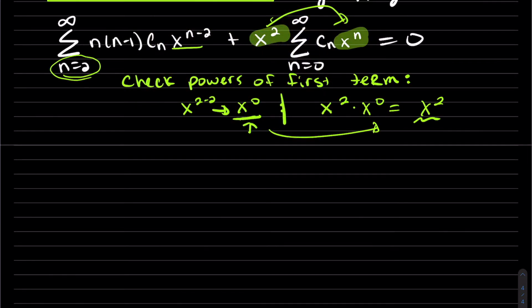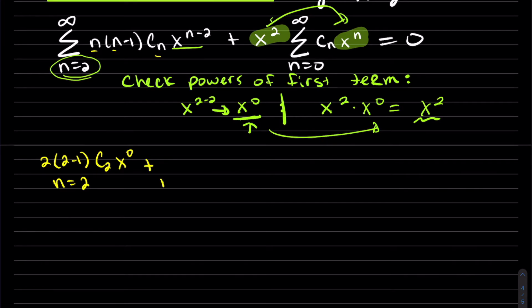So over here on the first one, I'm going to pull out n equals 2. That's my first term. And so I'm plugging in n equals 2 everywhere. So that's 2 times 2 minus 1 times c2 times x to the 0, which will go away.